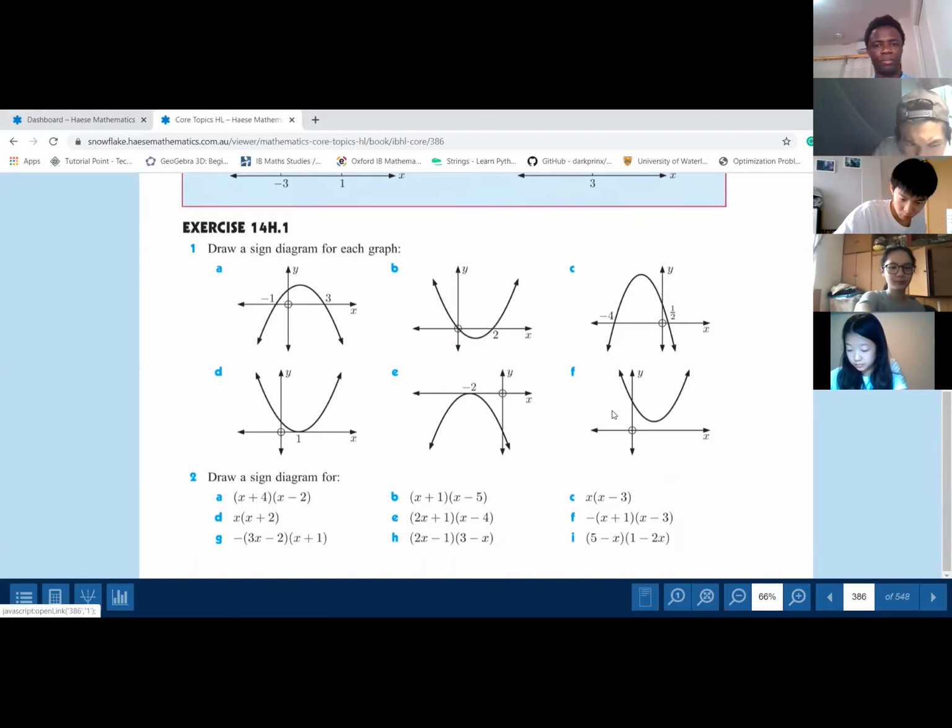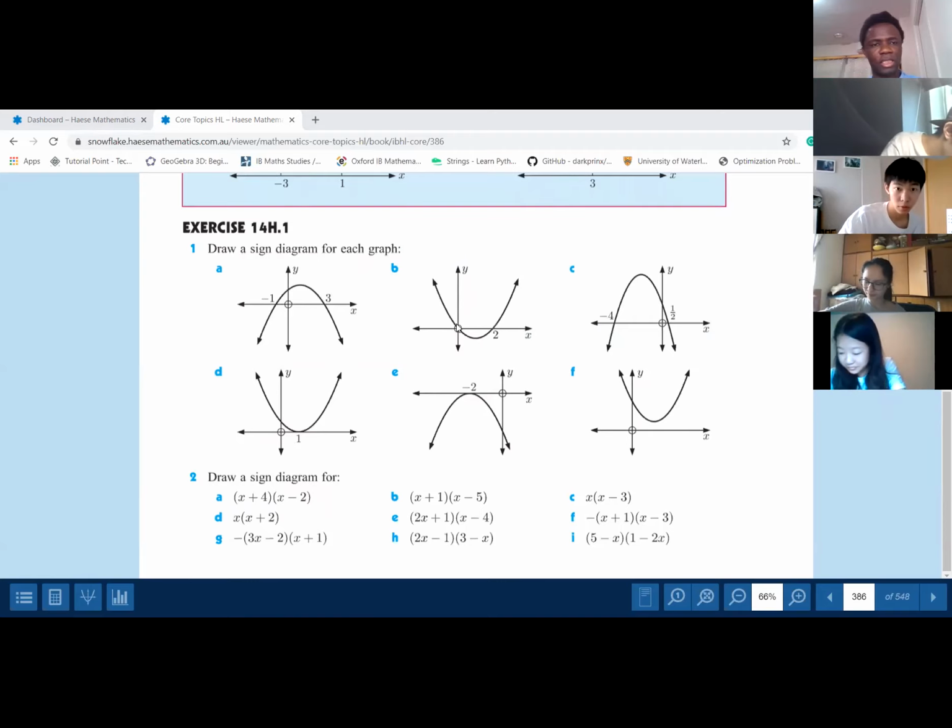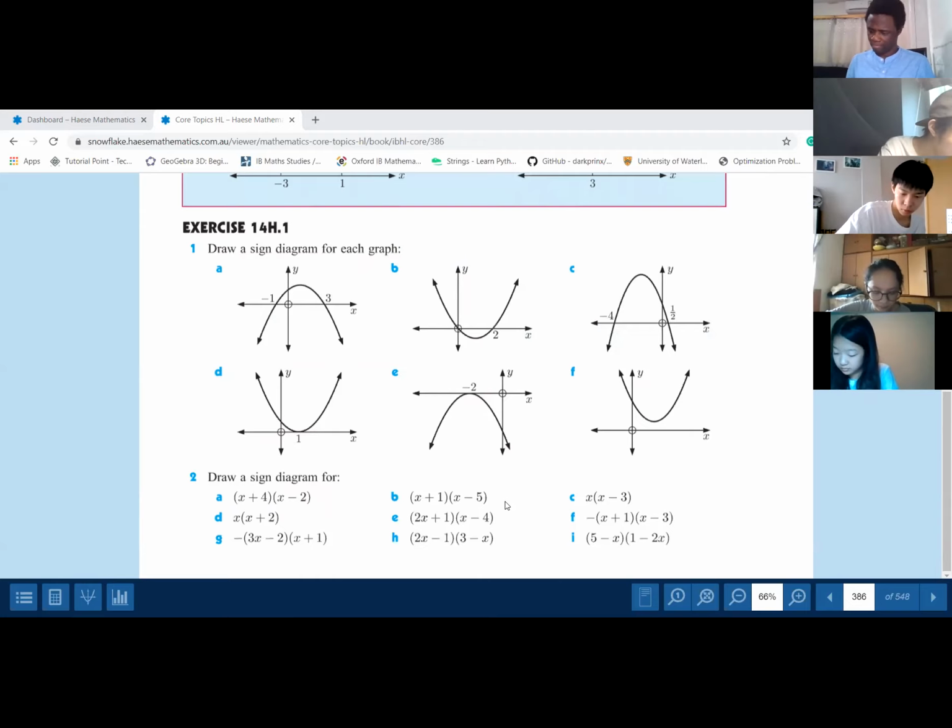Oh, okay. Don't worry, I'll be sending all this to the WeChat. I have the textbook, so there's no need. That's page 386.